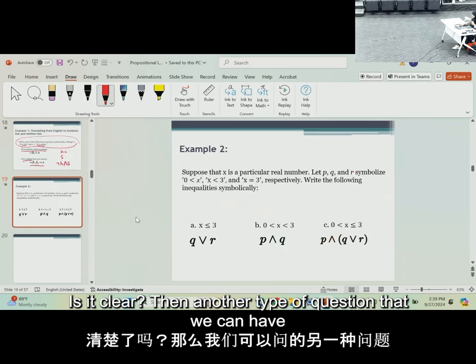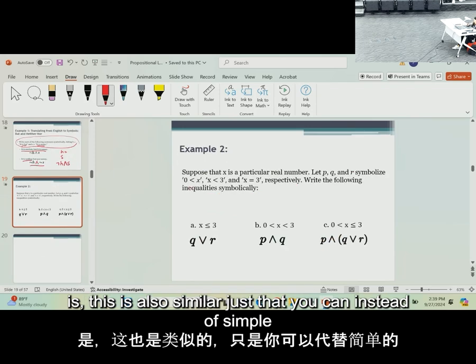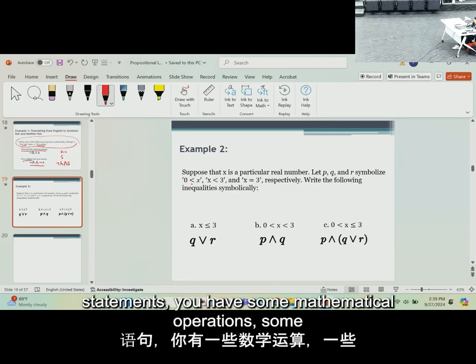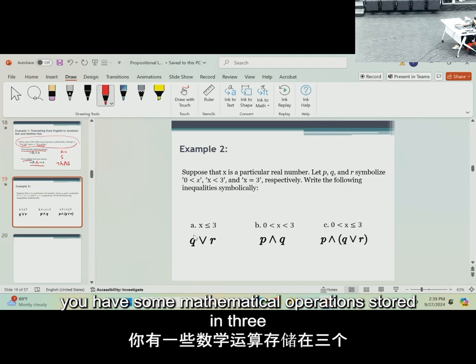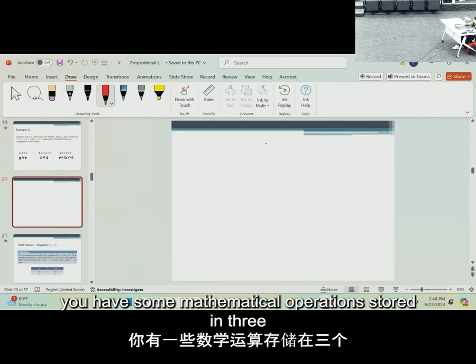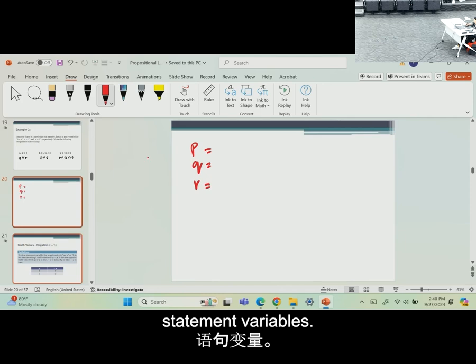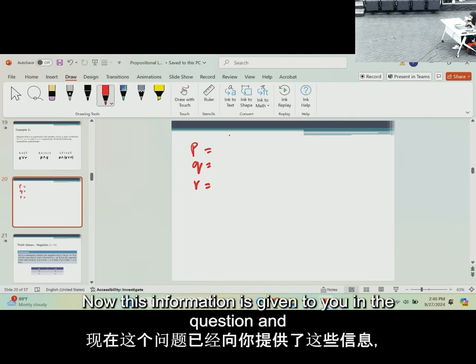Then another type of question that we can have is also similar, just that instead of simple statements, you have some mathematical operations, some mathematical expressions. So let's look at this: you have some mathematical operations stored in 3 statement variables.